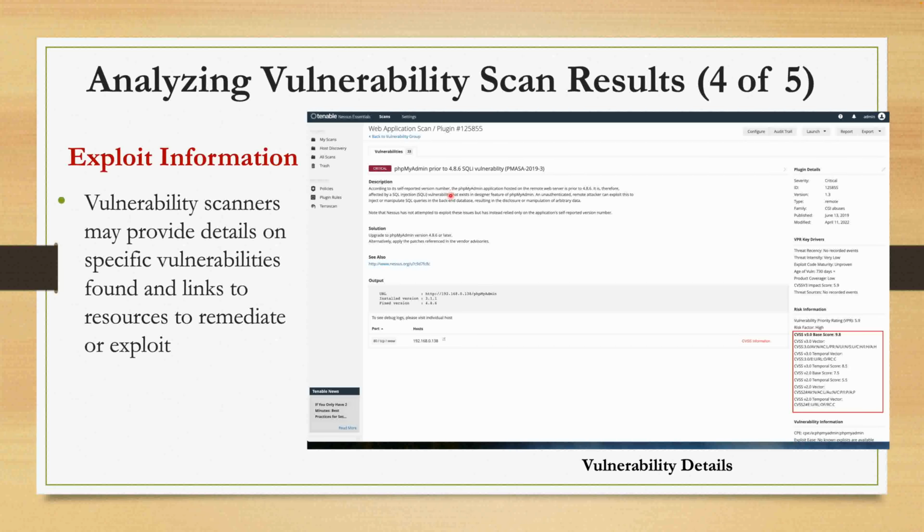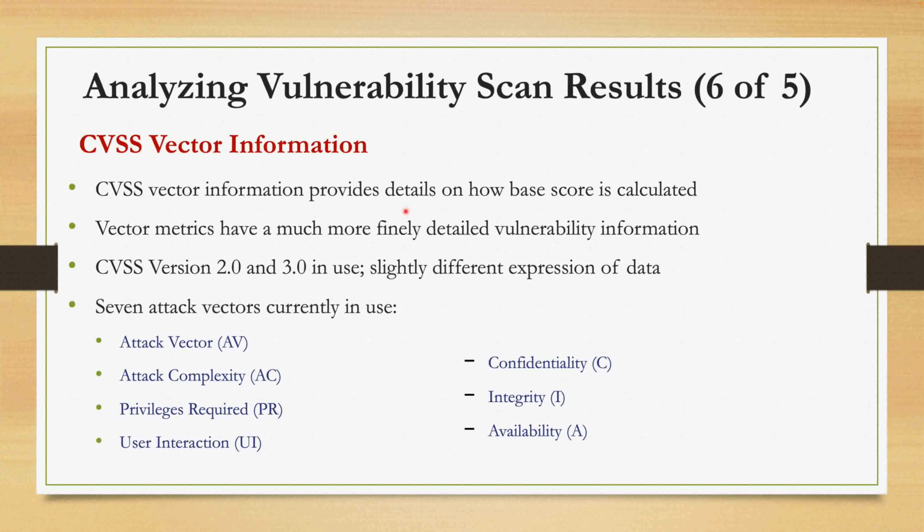Now, if you go back to Nessus again and read about the exploit information here, you can see the score-based information, and here you can also see some description about this particular exploit, which is something that you need to read and try to figure out how to fix or take care of it.